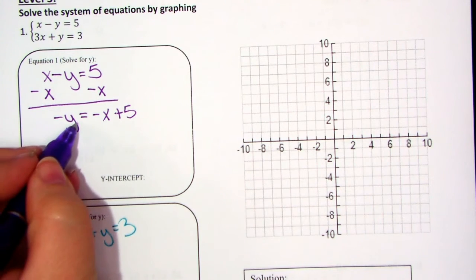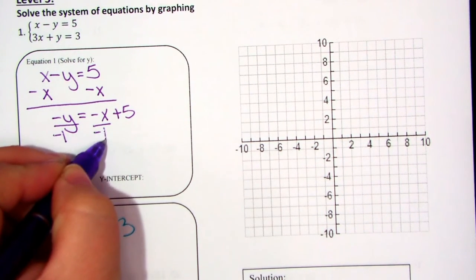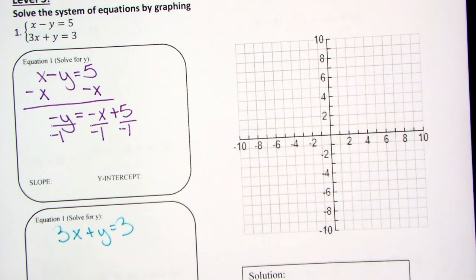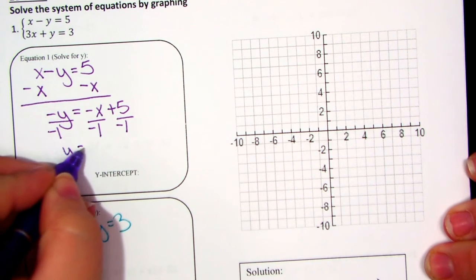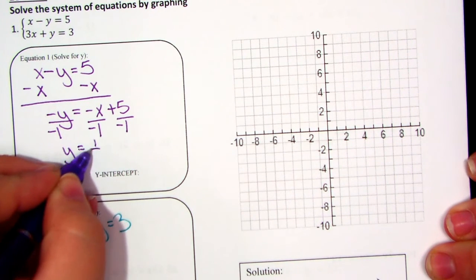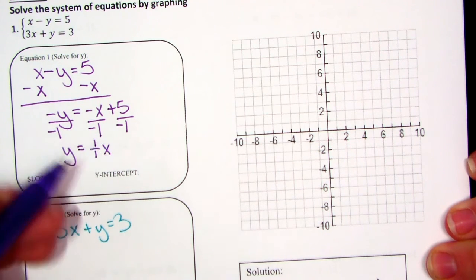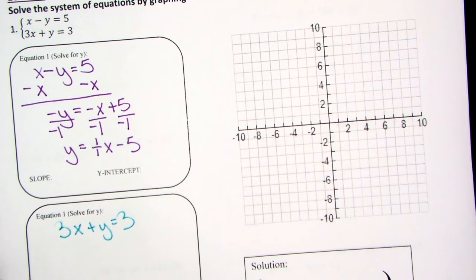Then I need to divide by negative 1 so that I can really get the y to be all the way by itself. That leaves me with just y equals positive 1 over 1 x, and 5 divided by negative 1 is negative 5. So y is all by itself.